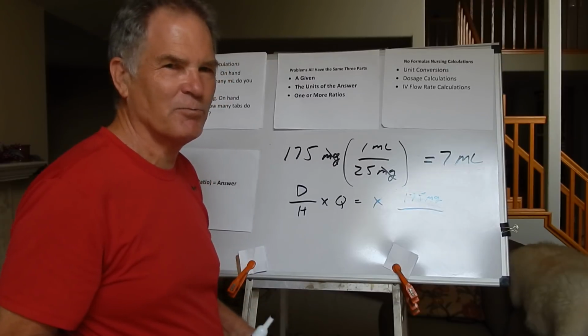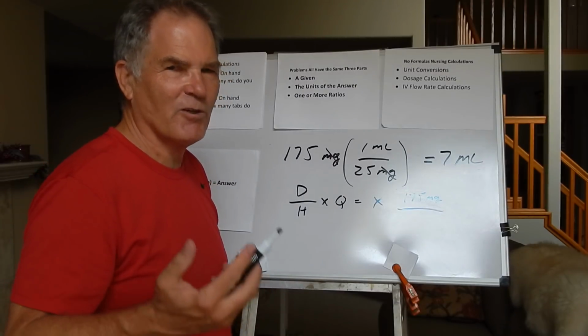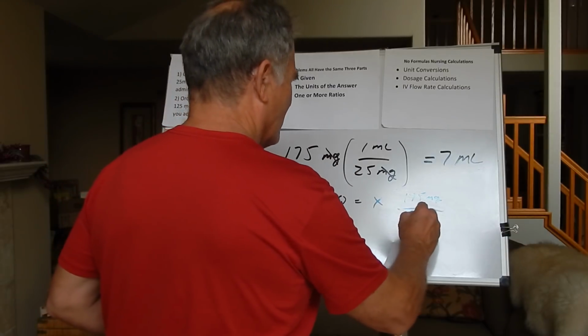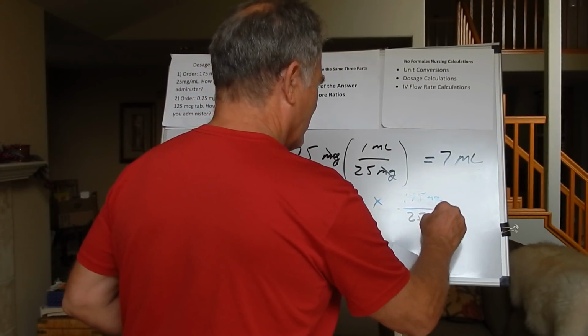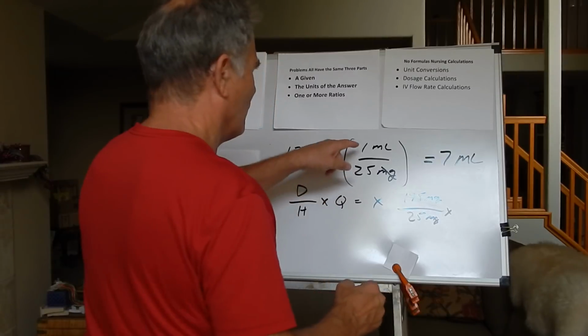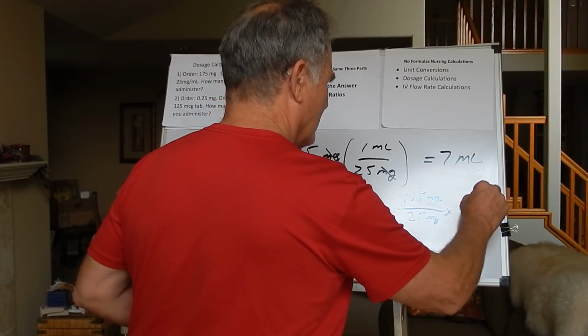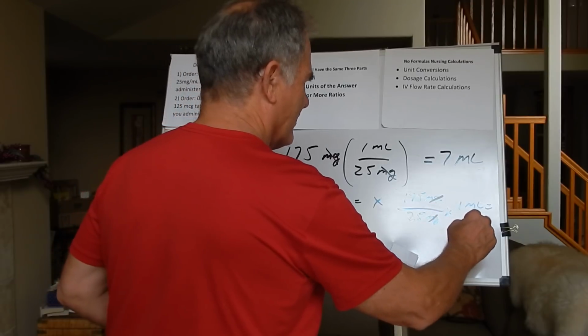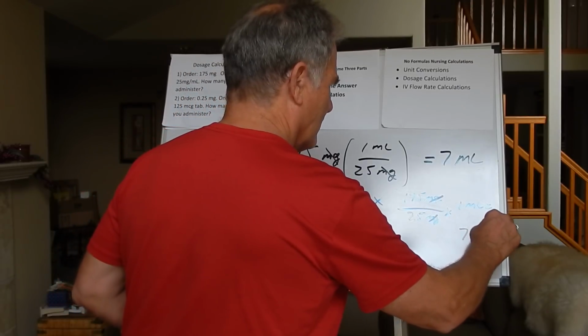It seems to me it should be 25 milligram per ml is what you actually have, but we'll just do it this way. So 25 milligram, and then the quantity is 1 ml. So that's going to give you your 7 ml.